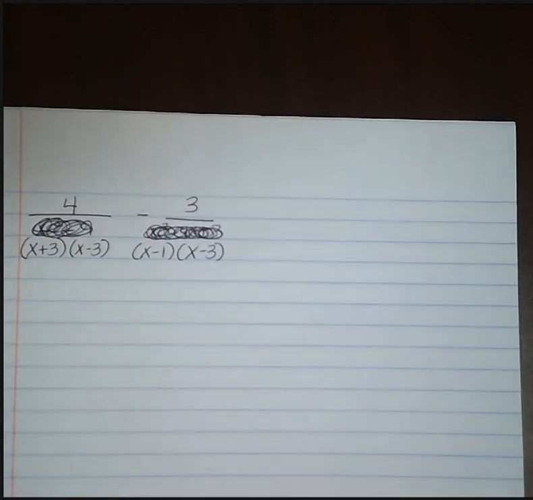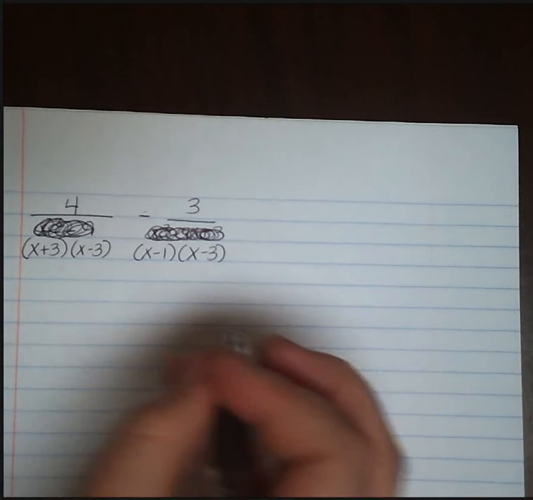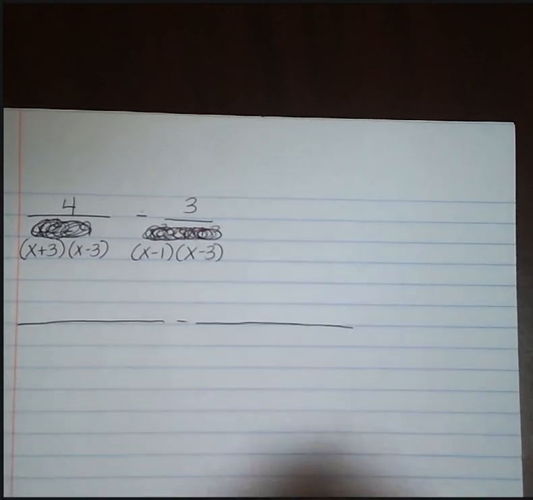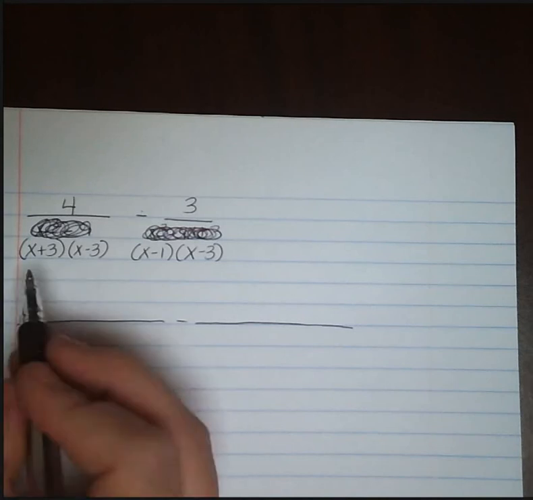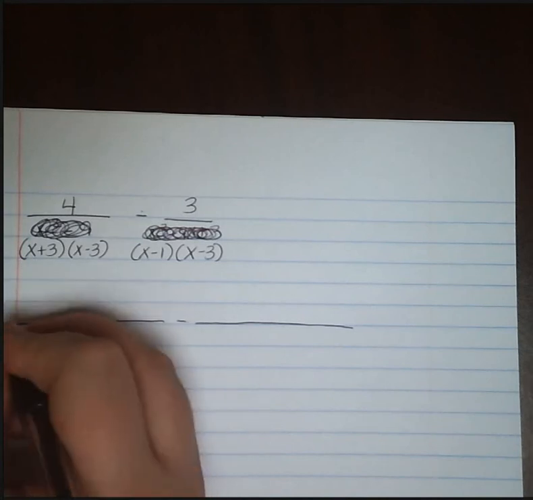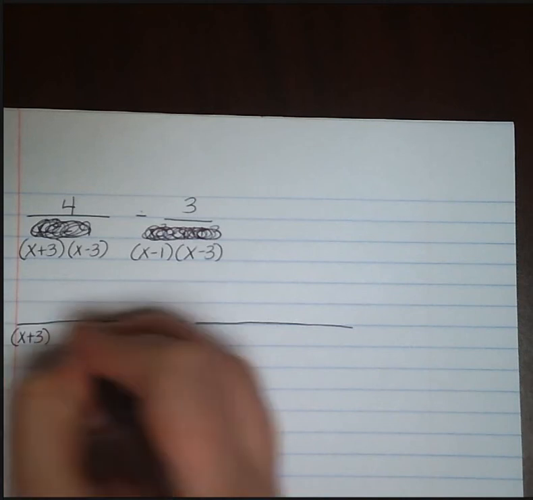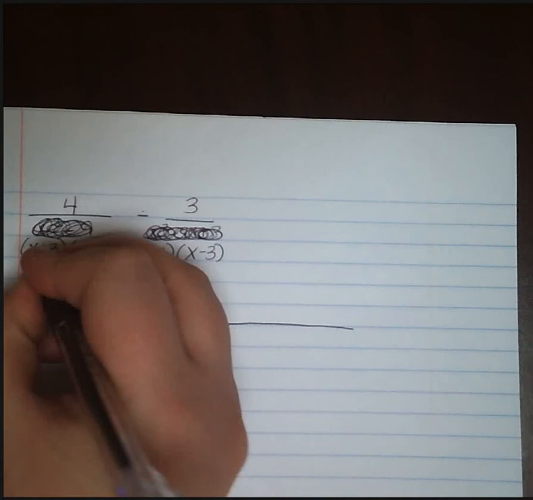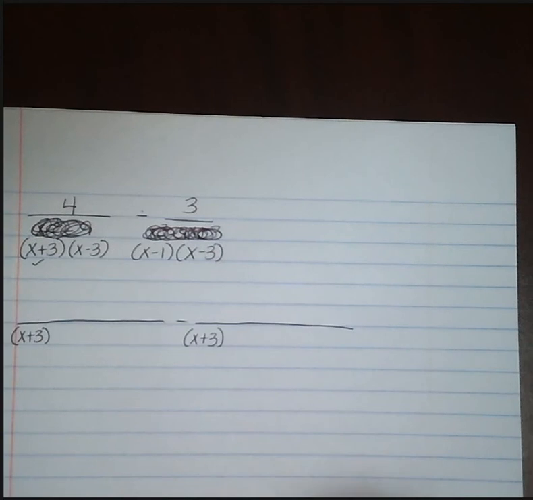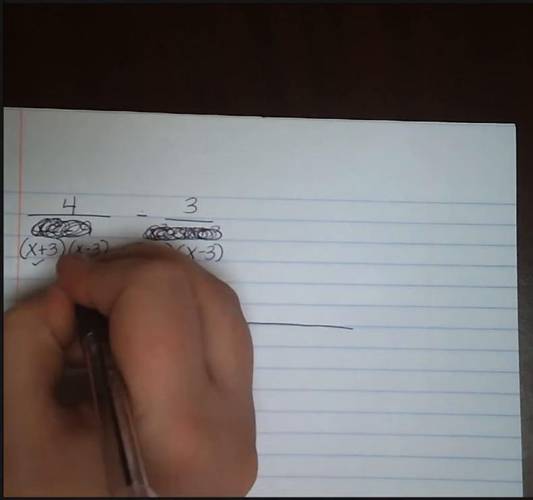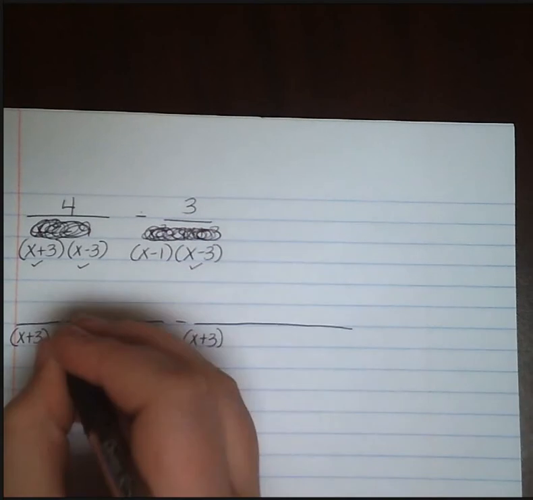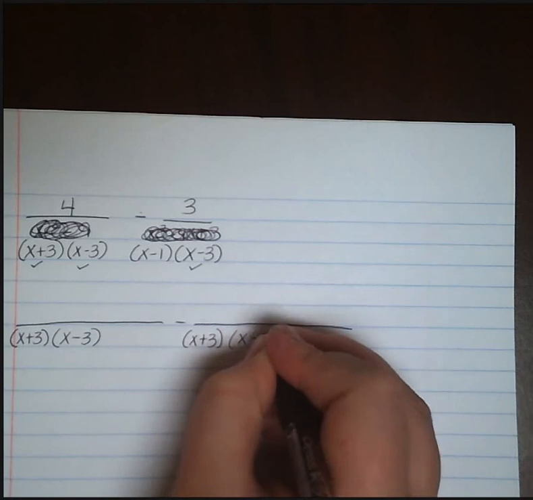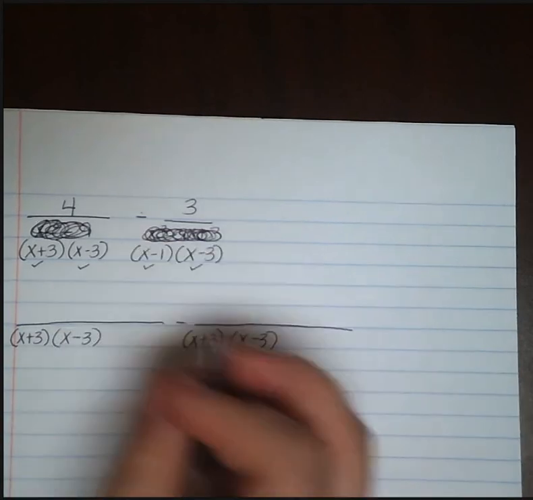So now, to get that common denominator, I know I'm going to have to incorporate an x plus 3. I'm going to put a check mark to say we've already included that. I know I'm going to have to include an x minus 3. And I'm going to have to include an x minus 1.